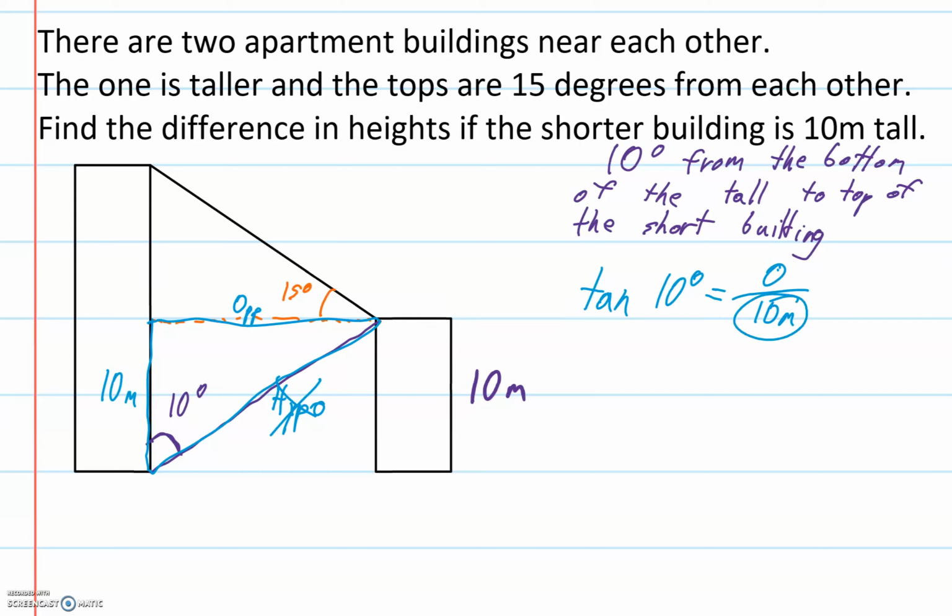Okay, then you move the 10 meters over. So 10 times tan of 10 degrees equals opposite. And that equals 10 times 10, 1.76. Oh, that's way too much.